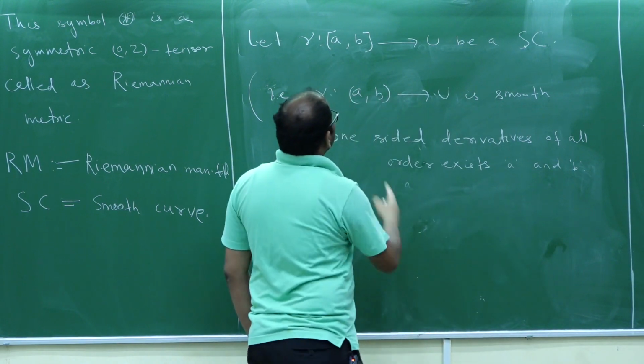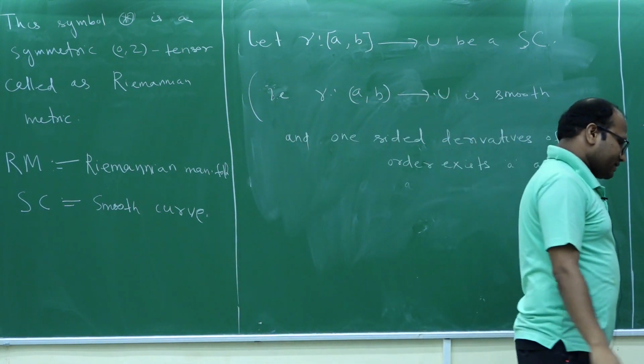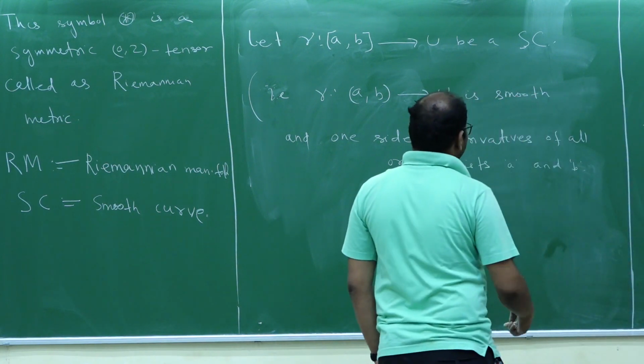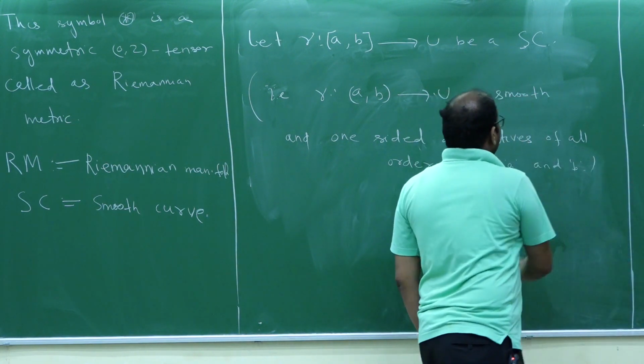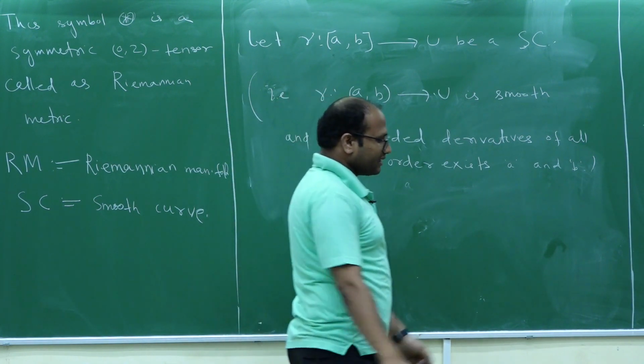Whenever I talk about gamma prime at an endpoint, I am interpreting it as the right-hand derivative.